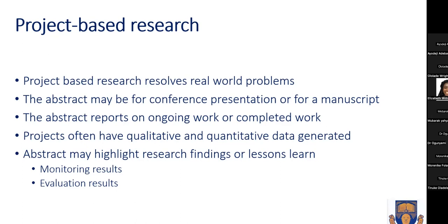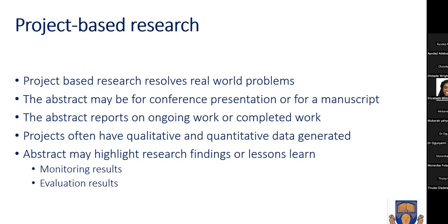When it's project-based research, it's usually 2, 3, 4, 5 years. They will generate information at various points in time. They might have information at baseline. They might have information at 2 years, 3 years, or a completed piece of work, and they can submit abstracts for those various timelines. And usually project-based research will generate qualitative and or quantitative data.